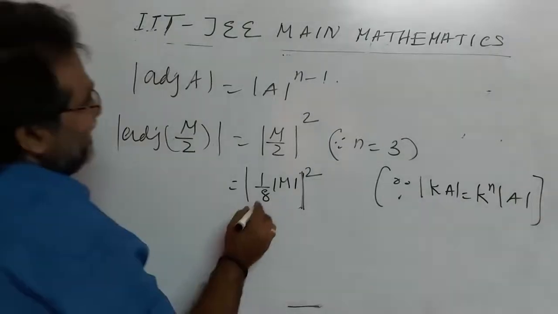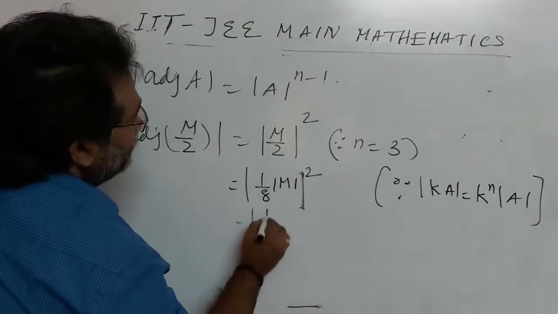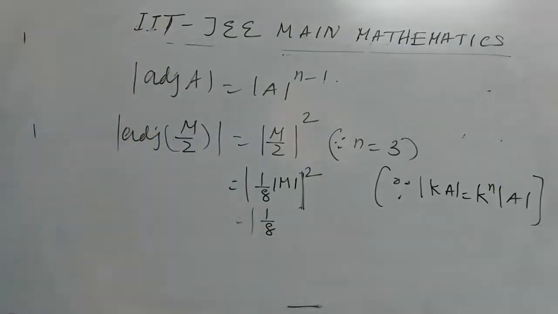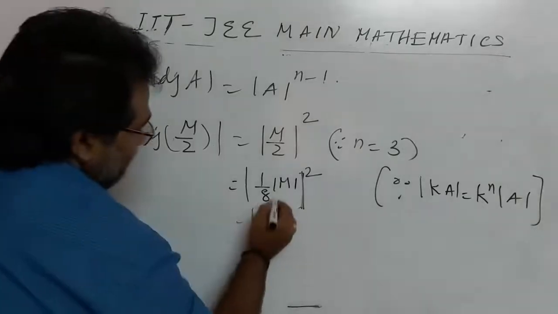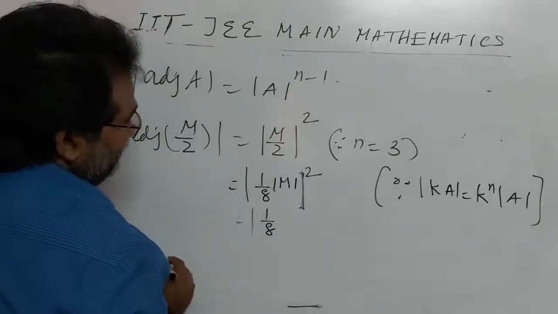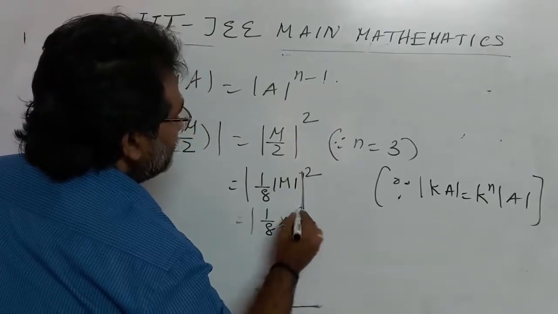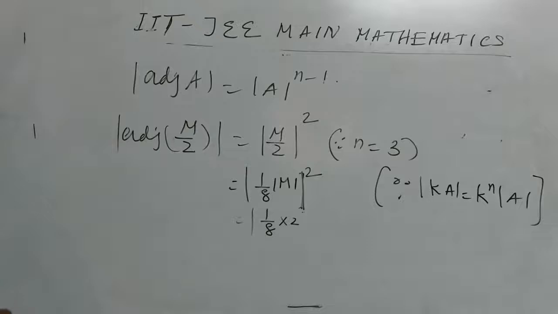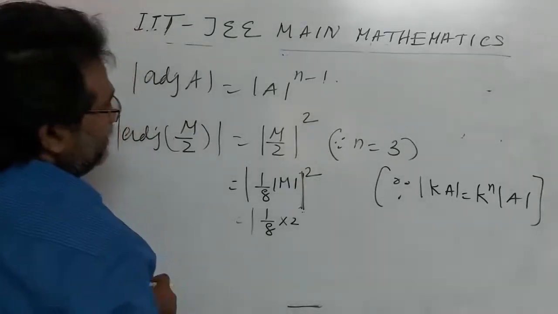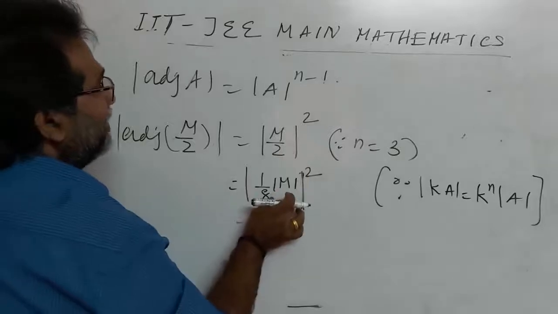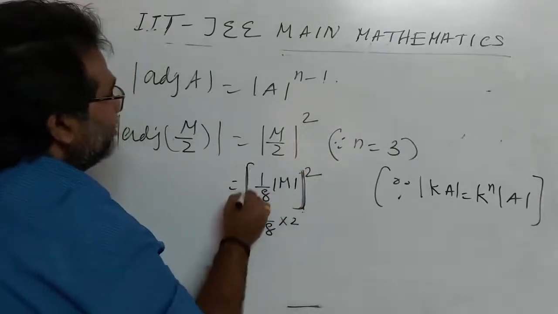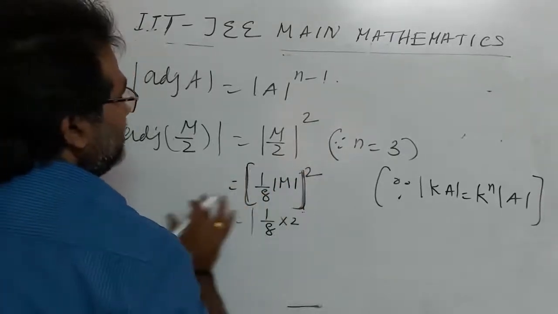But determinant M is given as 2. So after applying the determinant, this is square only.